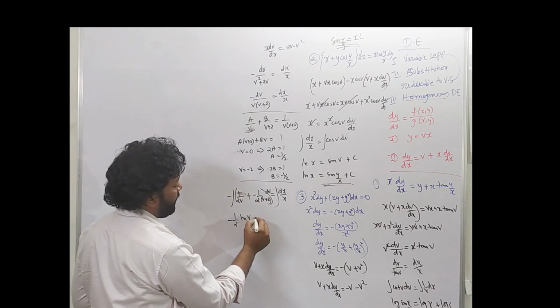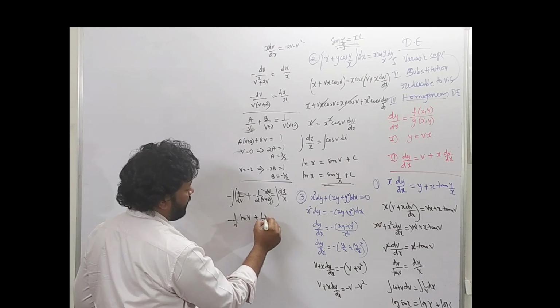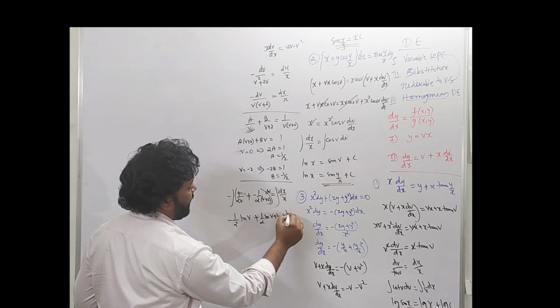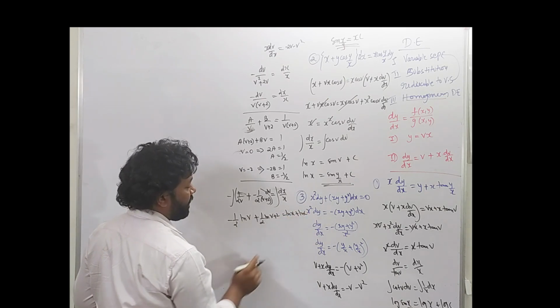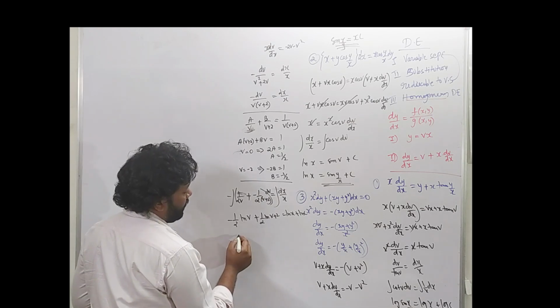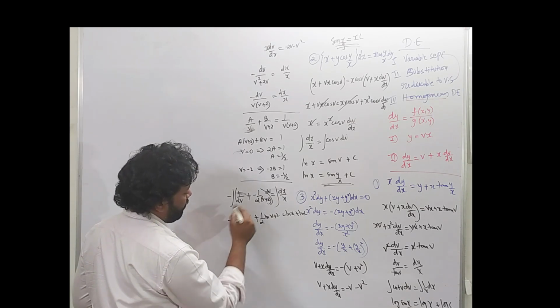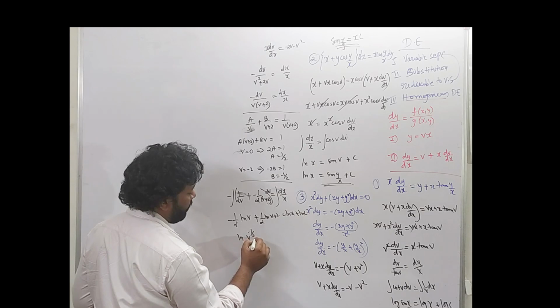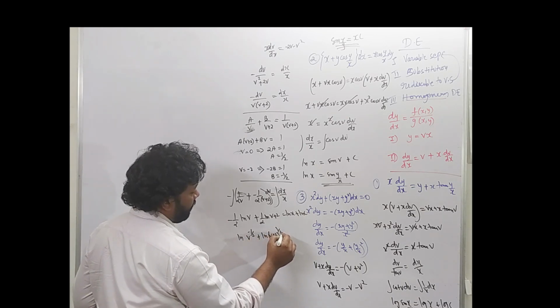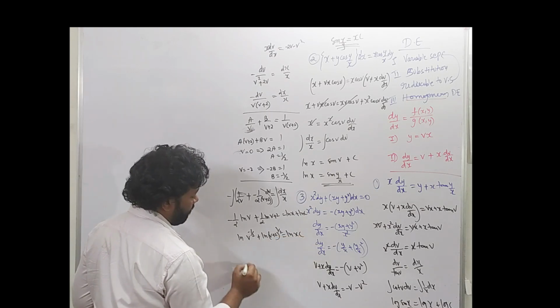So opening up the bracket, it becomes plus half ln (v plus 2), and on the other side 1 upon x, ln x, and the constant also let's take it in the ln format, so log gets removed. So here it will become ln v raised to the power minus half plus ln (v plus 2) raised to the power half is equal to ln xc.